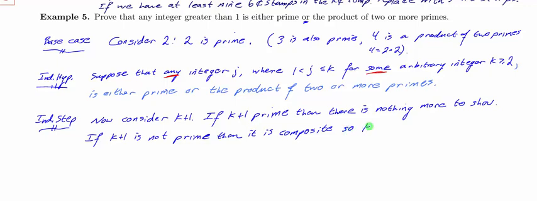So k plus 1 is going to be equal to a times b, for some integers a and b, where a and b are both strictly greater than 1. It's not prime, so I don't have to have 1 as one of the factors. I could write k plus 1 as 1 times k plus 1, but being composite means that there's some other way to write it as a non-1 integer times another non-1 integer.